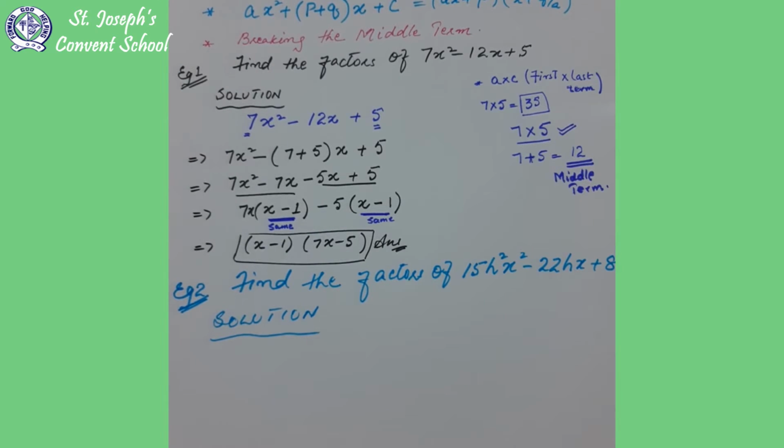Now how to solve this? This is the question. 15 h square x square minus 22 hx plus 8.